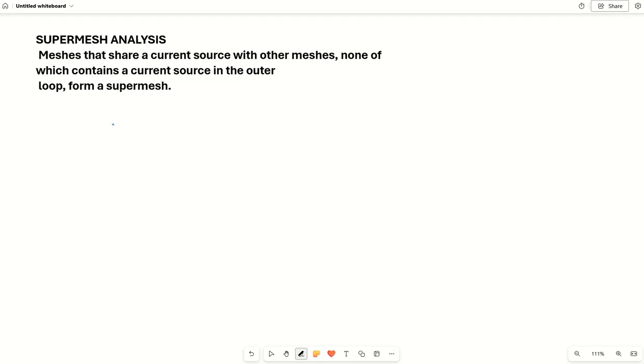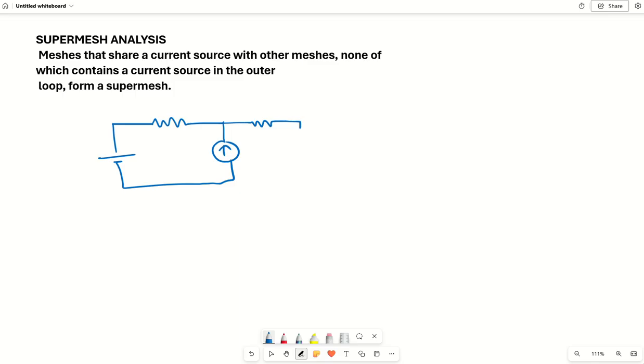For example, suppose we are having a circuit like this. This is a resistance. Then suppose we are having a current source here. This is a voltage source.